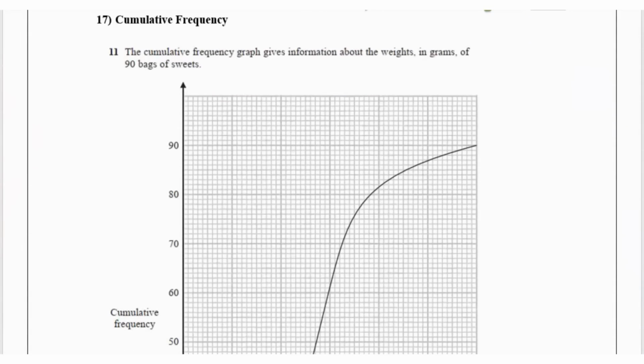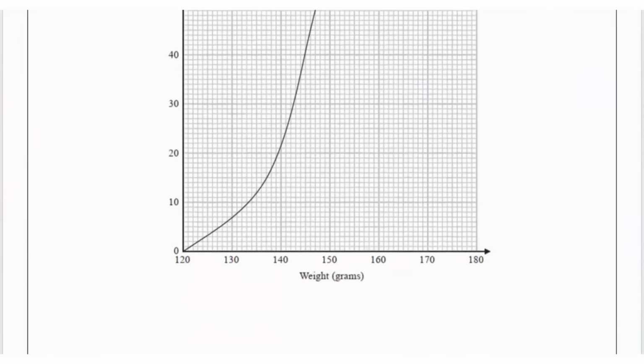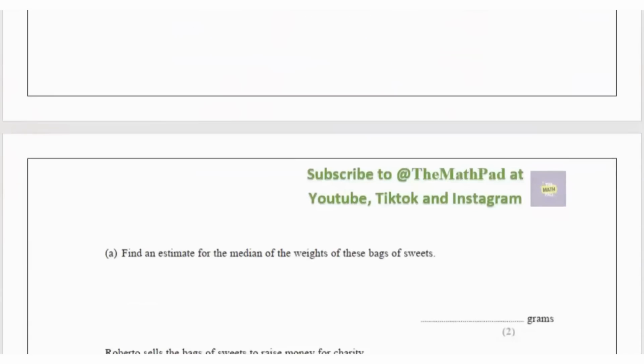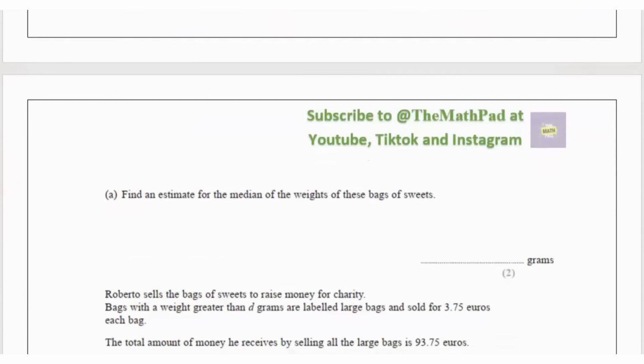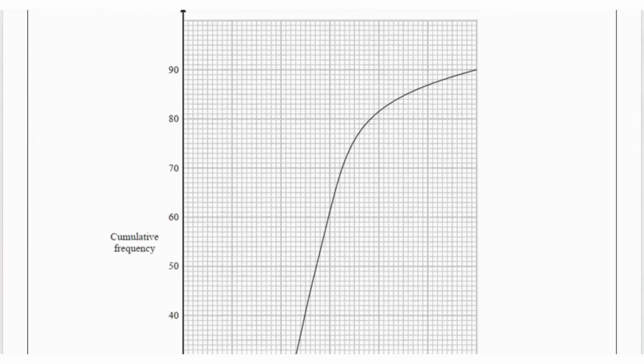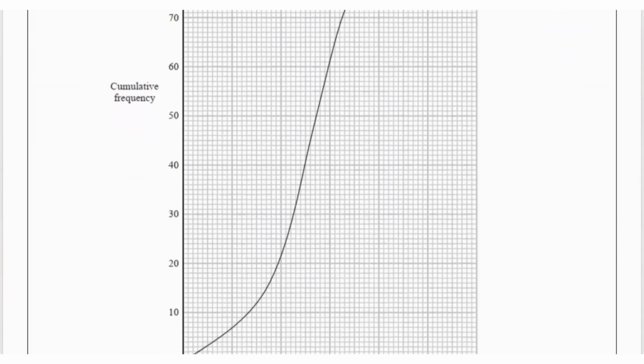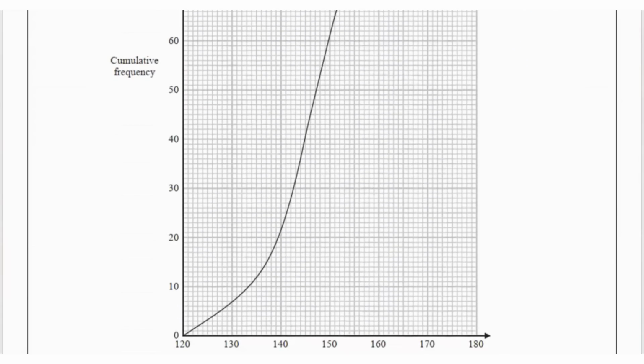Then it says the cumulative frequency graph gives information about the weights in grams of 90 bags of sweets. So this is your graph. Find an estimate for the median of the weights of these bags. So for the median, we will divide 90 by 2, which is 45. Using the graph, we draw a line from 45 on the y-axis and see what we get on the x-axis.